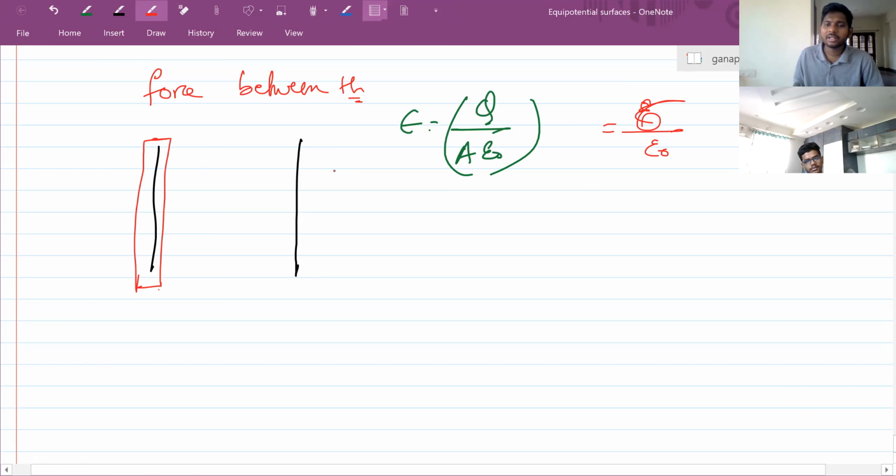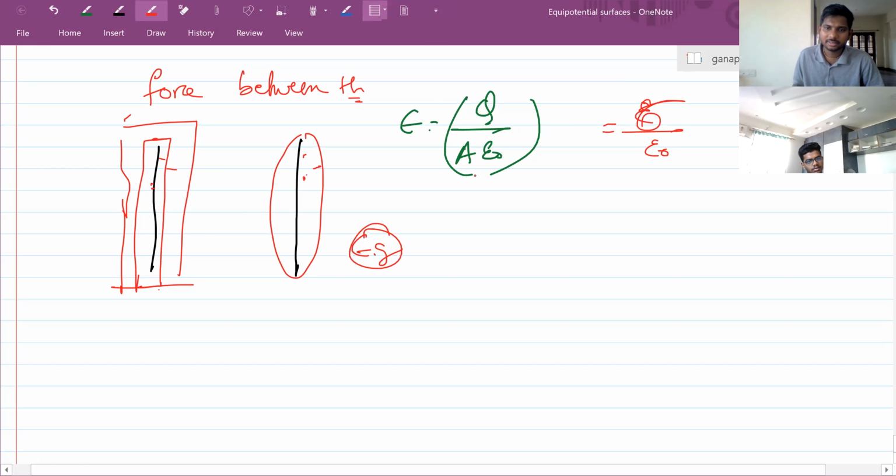But what we are trying to find is the force between these two plates, meaning how much force this plate exerts on the other plate, into that EQ, the Q of this plate.